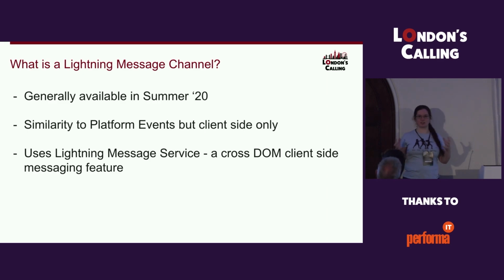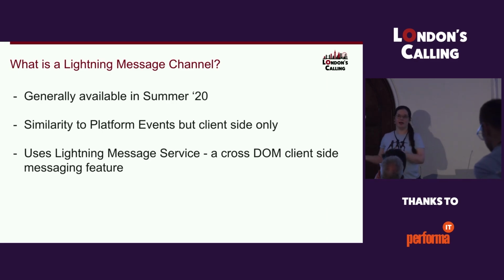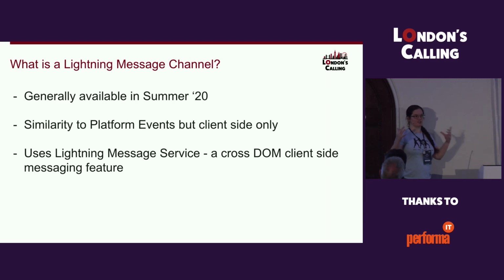It's the infrastructure, the framework that without it, nothing can actually happen. It's the cross-DOM client-side messaging feature that Salesforce have put in place to allow us to use Lightning message channels. Lightning message channels are like the trains running along that infrastructure, and then the passengers are the messages that are being sent along those trains or the channels.